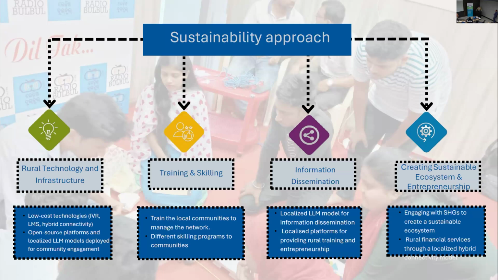Information dissemination. What we also want to do is we want to create localized platforms for providing rural training and entrepreneurship. Because having this kind of program also helps them create new kinds of business models where they can start earning money. Because in India, unlike the US, where we assume that getting 24/7 wireless connectivity is a given, things do not necessarily go that way.